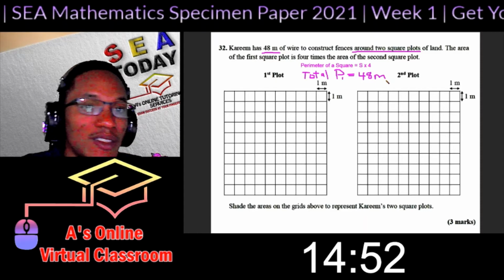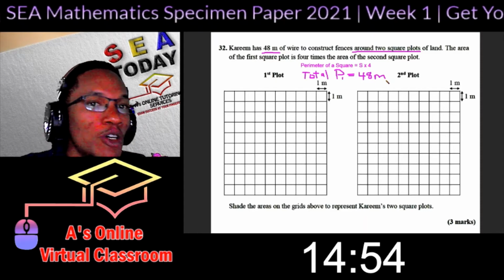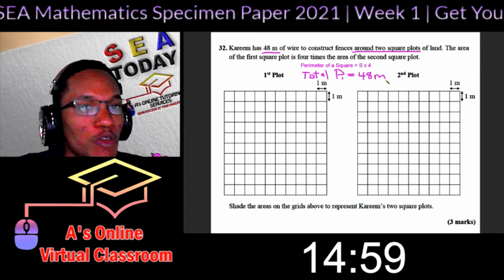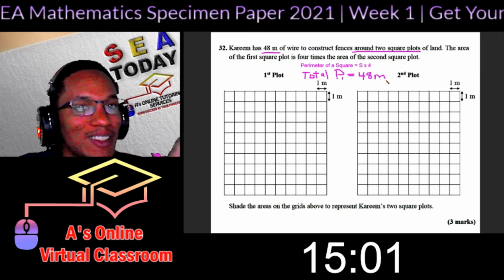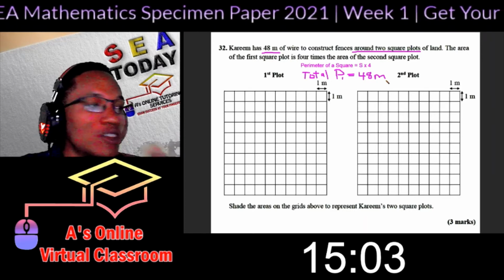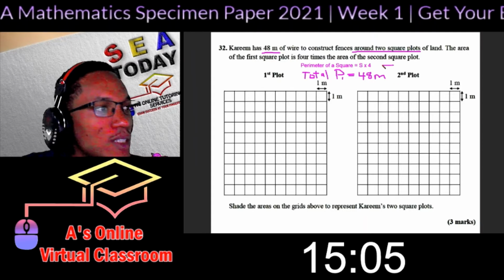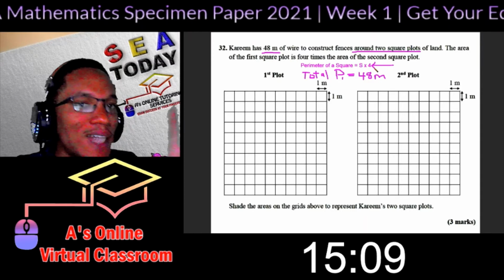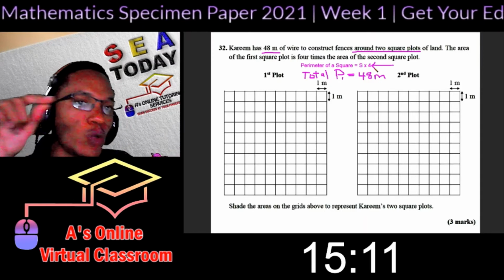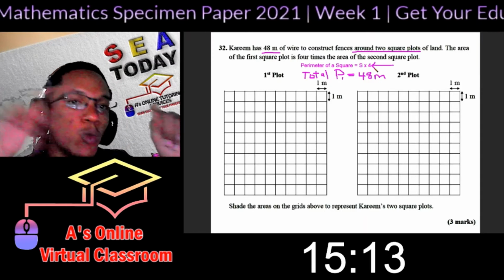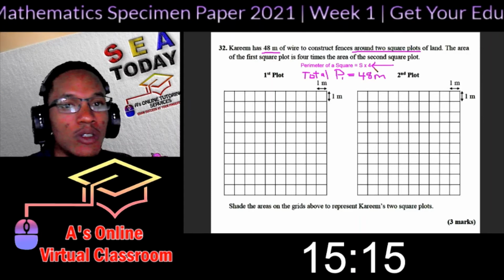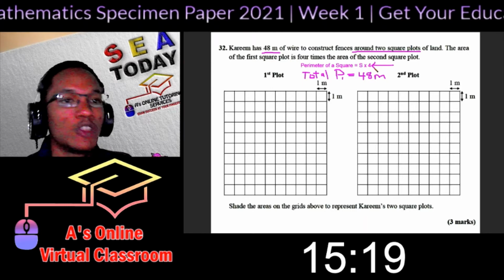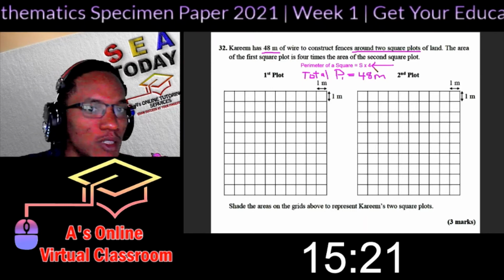So that means you have to get 2 squares that will add up to give you 48 meters. So because the perimeter is side times 4, whatever side we're using, the length of the square, the side of the square, will be multiplied times 4. So all our numbers will be divisible by 4.